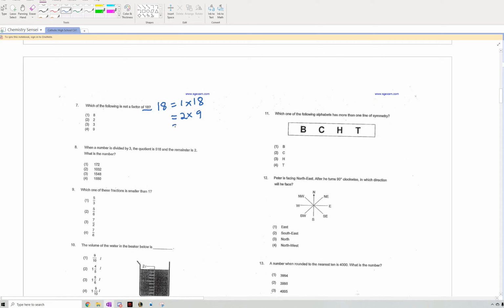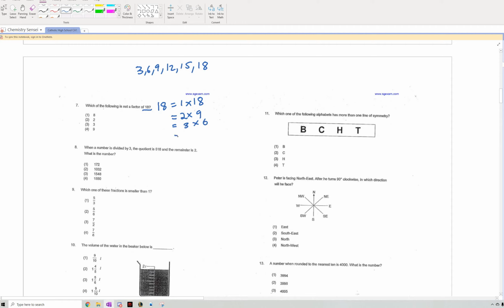How about the number 3? Let us find out if 3 is a factor of 18 by doing multiples of 3. So we have 3, 6, 9, 12, 15, and 18. So yes, 3 times 6 is equal to 18.